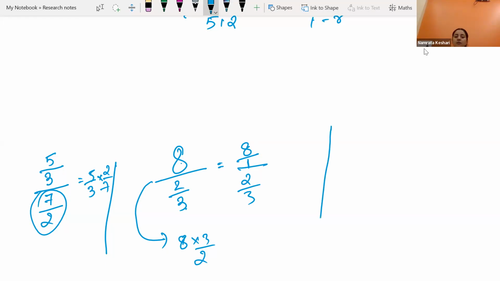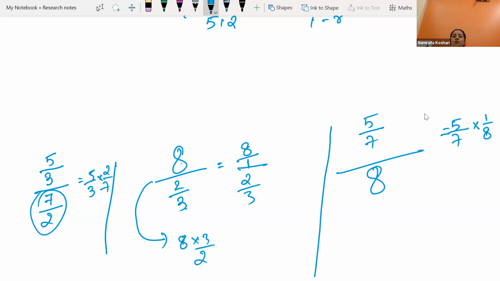Now, if your denominator is a whole number and your numerator is a fraction, you need to use the same concept. 5 by 7 divided by 8 means multiplied with 1 by 8. Yes or no?